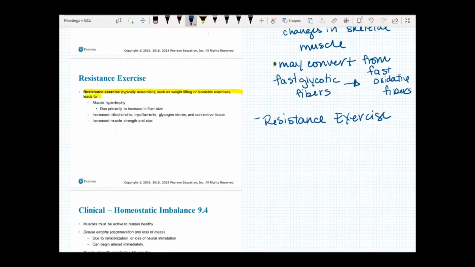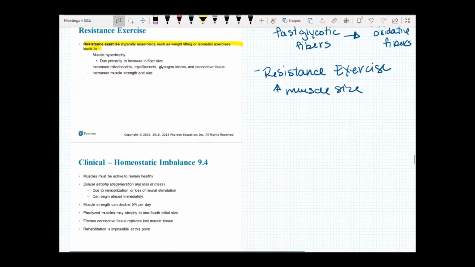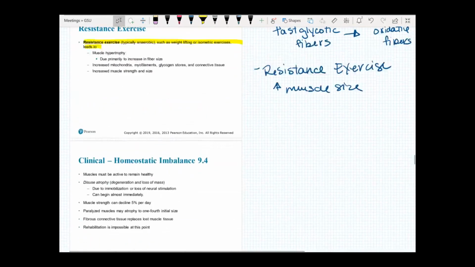So these guys are actually going to increase your muscle size, not necessarily for these reasons, but what it will actually do, it'll increase your muscle size, and it will increase your mitochondria, your myofilaments, your glycogen, your connective tissue. It'll increase everything, and it'll increase it so much that this can be a challenge.